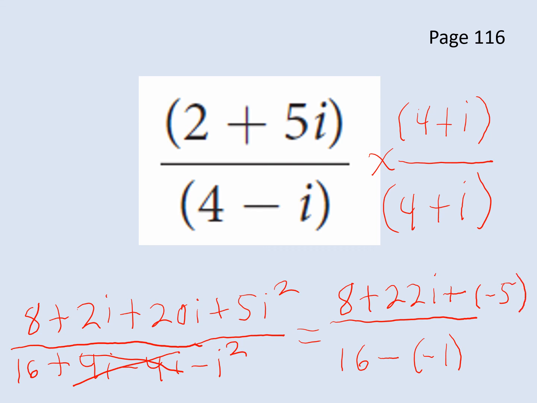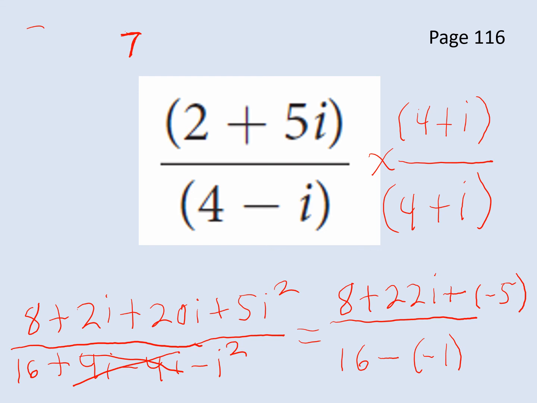So we'll write the final answer in the upper left hand corner, and we'll simplify like terms again. Actually, we just know that the only like terms we have left to simplify is the positive 8 and the negative 5, which is 3. We know 17 is going to be the entire denominator, and we have 3 plus, I didn't give myself enough space.